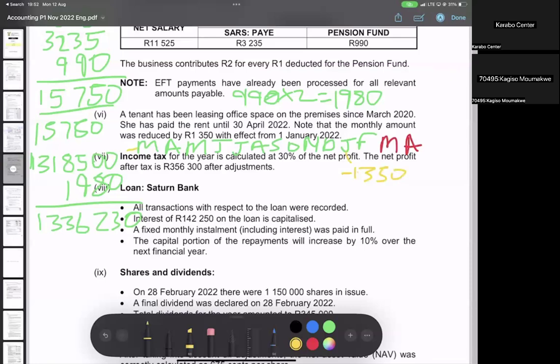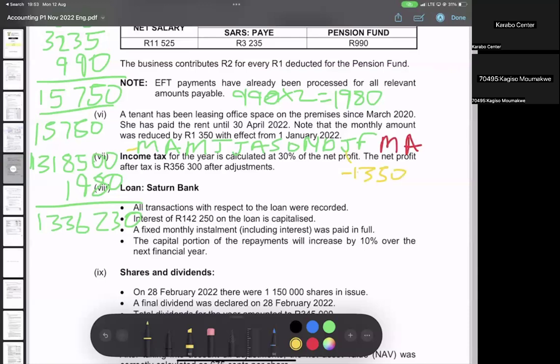So meaning from here, the rent was whatever amount it was minus 1,350. Now we have to calculate the months that are less by 1,350, so the months where the effect of reduction starts from.